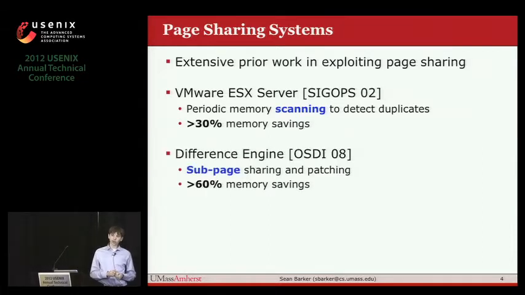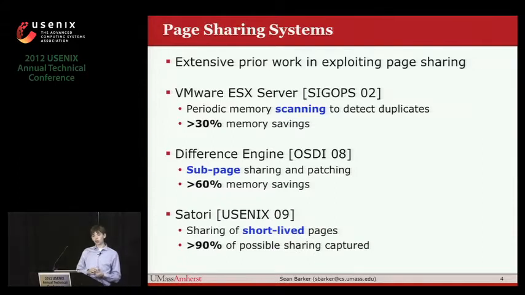More recently, in 2008, Difference Engine looked at sharing memory at a sub-page granularity and patching pages that were very similar to each other. They reported, in some cases, upwards of 60% memory savings. And in 2009, Satori focused on short-lived pages and reported that they could capture over 90% of possible sharing.